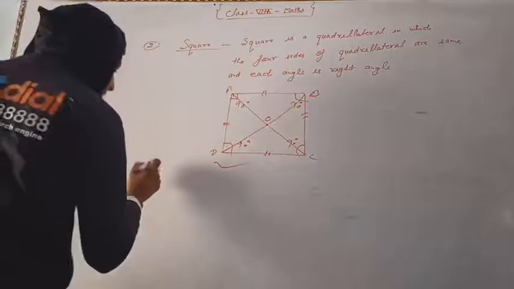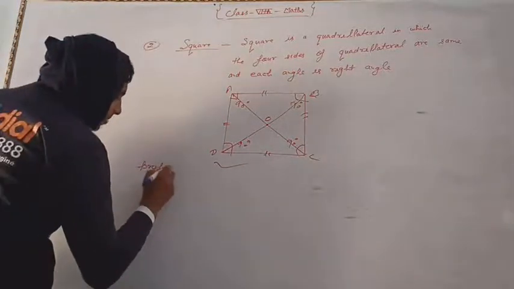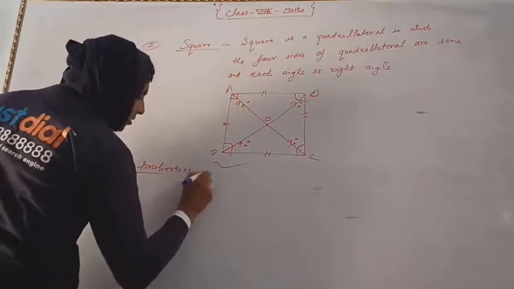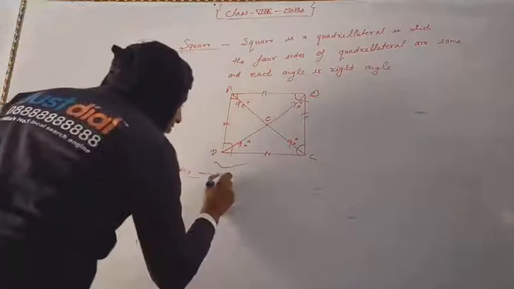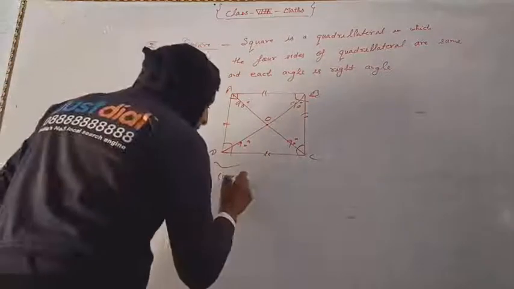Here also, what are the properties of a square? First property: all sides are equal.